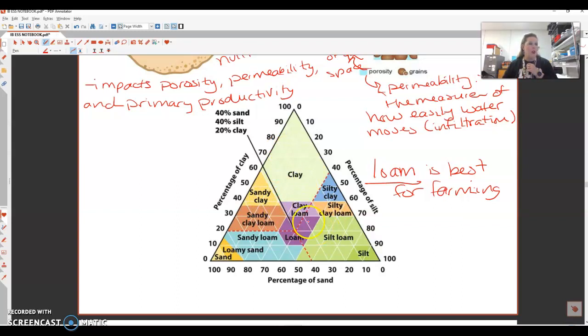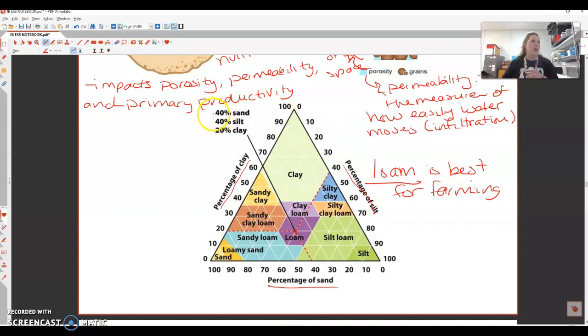So this right here is what we call a soil triangle, and you guys are going to have to learn how to read one of these. Now, I'm going to post a separate video that walks you through how to actually read this, but if you look at the sides here, this has the percentage of clay, the percentage of silt, and the percentage of sand, and when you get those percentages, it will actually tell you the type of soil that it is.